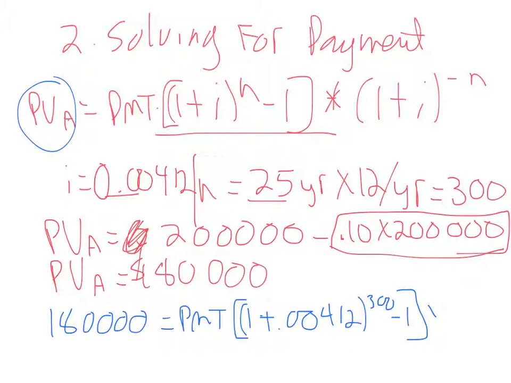And we're going to divide by that, times that by 1.004412 to the exponent of negative 300. That's hard to see, sorry.